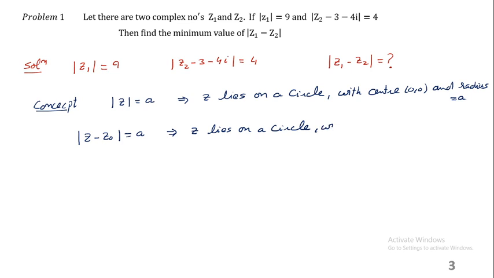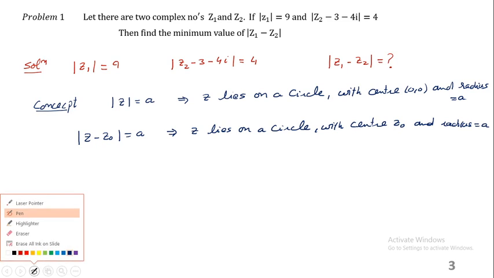With center z naught, which is a complex number in the Argand plane. And its radius is a. This is the concept we are going to use to solve this problem.